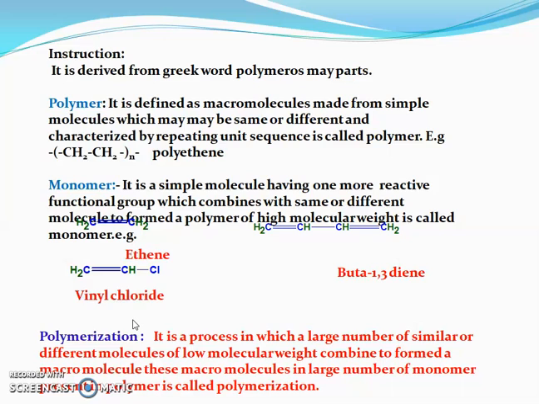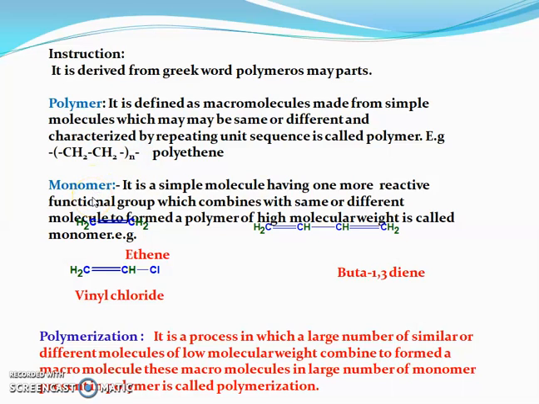A polymer is a macromolecule made from simple molecules, which may be the same or different, characterized by repeating units in its sequence. For example, this is polyethylene.